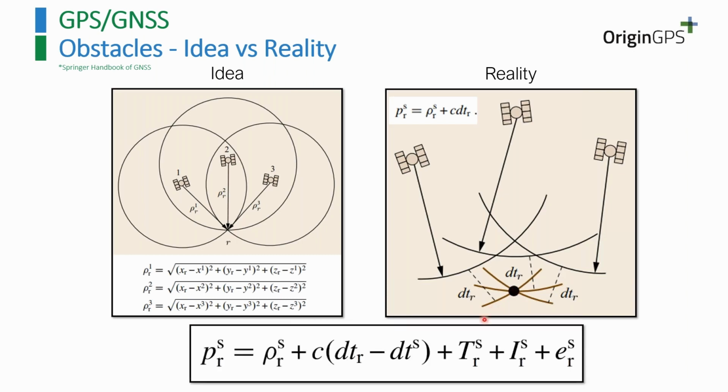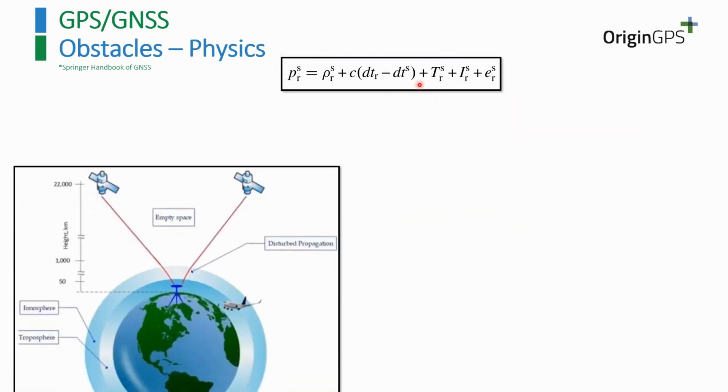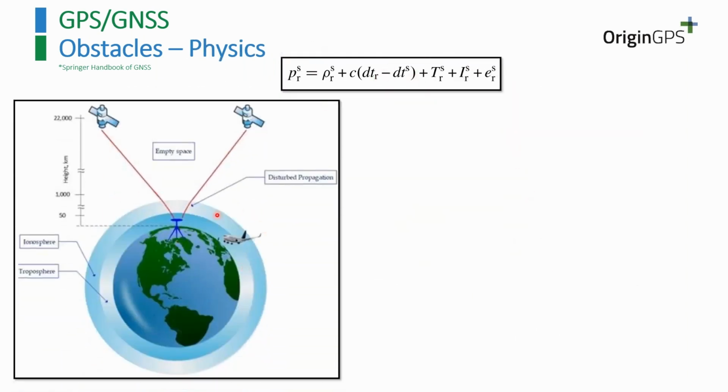And if we look deeper, the acquisition starts to be more complicated because we have the troposphere, ionosphere, and the errors that come from the satellites and from the receivers. If we talk about this equation, we can demonstrate it with this picture.